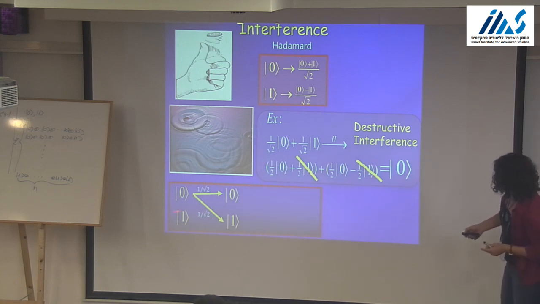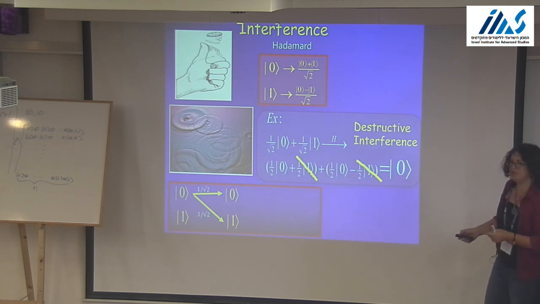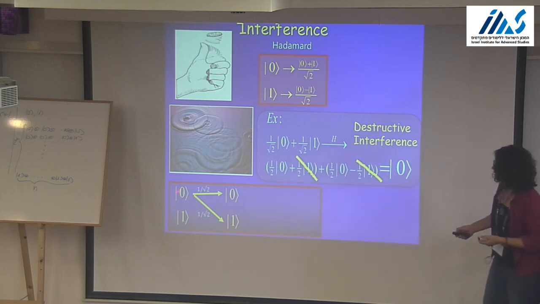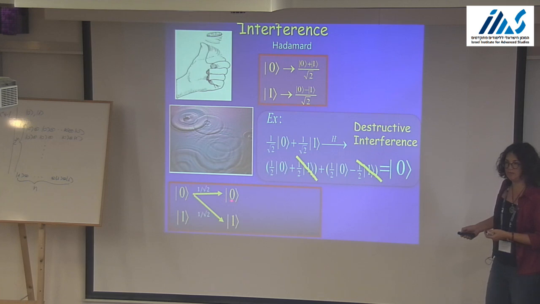What I've written here is all possible states, 0 and 1, before the Hadamard, and then after the first Hadamard, before reaching this state, that's the second Hadamard. And on the arrow, I've written the matrix coefficient, the matrix term that connects 0 and 0. So it's 1 over square root of 2.